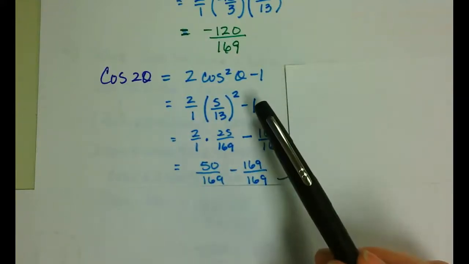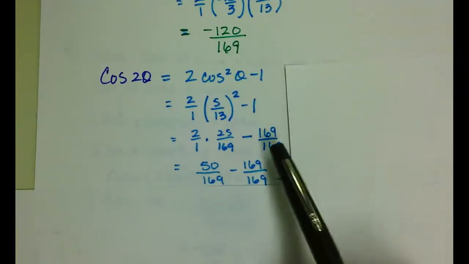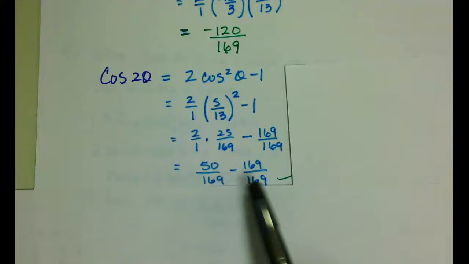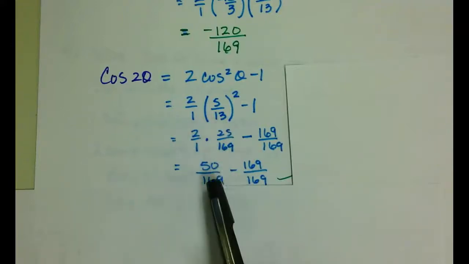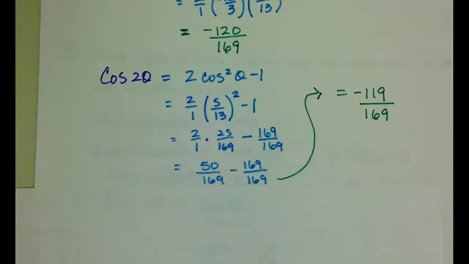So I rewrote the whole number 1 as a fraction of 169 over 169. That way I had my common denominators when I got down to this step. So I multiplied 2 times 25 and got 50, 1 times 169 and got 169, and now I can subtract 50 minus 169 and get my value of cosine 2 theta, which is negative 119 over 169.